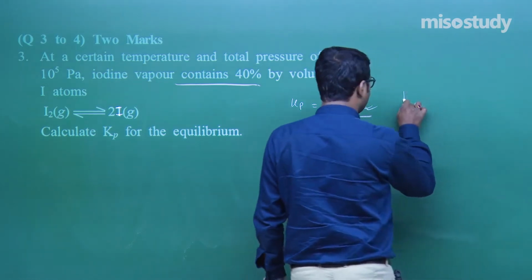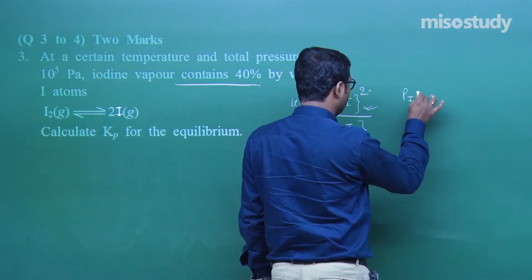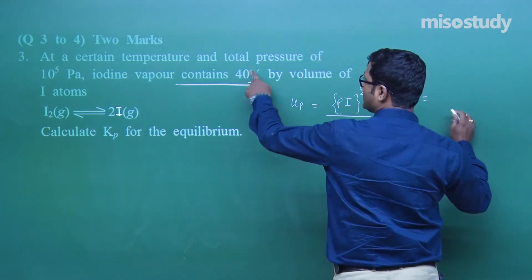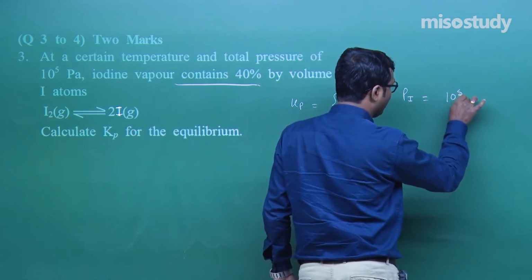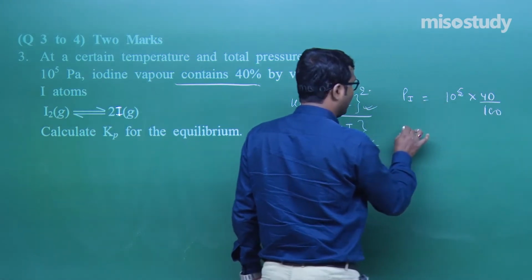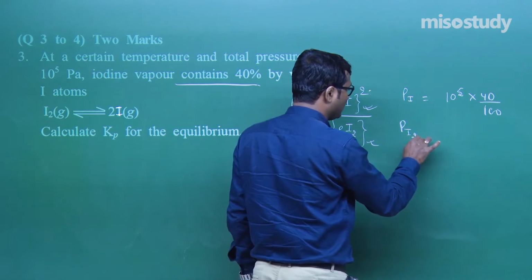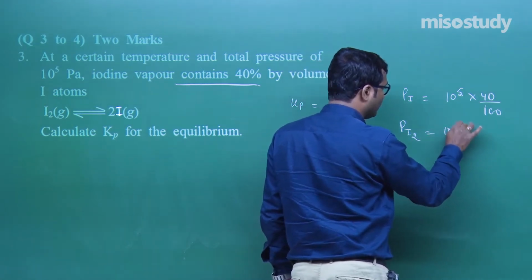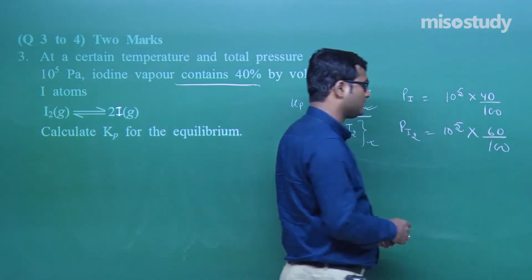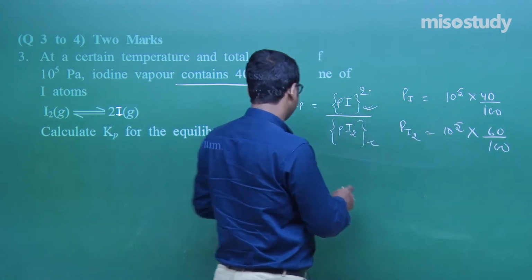So the partial pressure of iodine atom will be 40% of the total pressure: 10 to the power 5 multiplied by 40 upon 100. And the partial pressure of I2 will be 10 to the power 5 multiplied by 60 upon 100. Now put these values here.